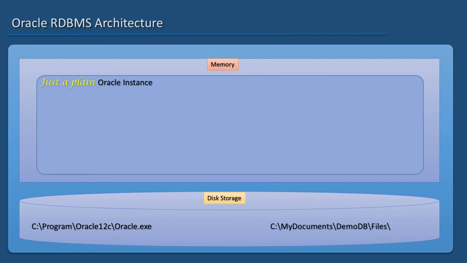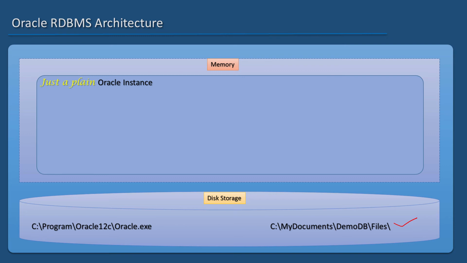Now assume that I already have a set of database files in my folder C:/my documents/demodb/files, just like the document file called plans.docx. Plans.docx is a Microsoft Word document and these files are Oracle database files. That's the difference. I will talk about how I got or created these Oracle database files later. Okay, for now, just assume that I have these files.